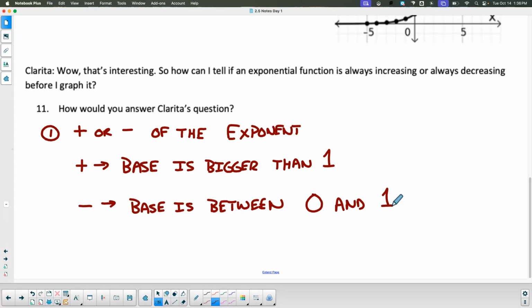Because you can't have a base of 0 and you can't have a base of 1.